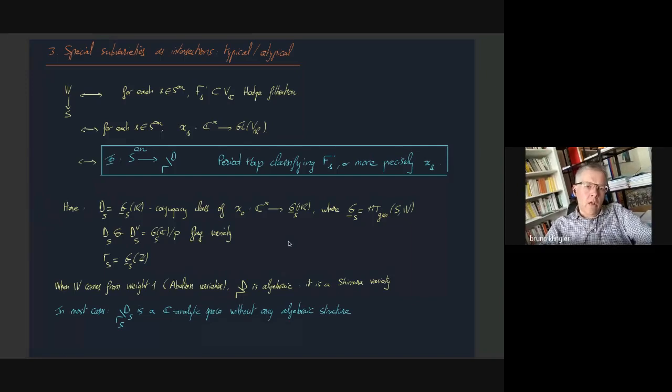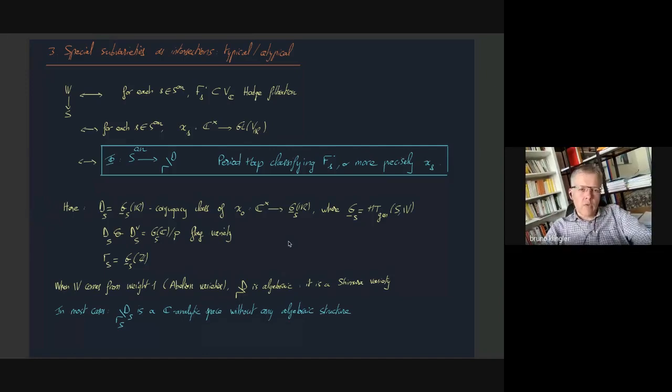And now it will not really take values globally in a flag variety because there is some monodromy when you come back to a point following a complicated loop. Then, of course, you have the monodromy of the local systems that plays a role. And the second remark is that it will not really take values in the full flag variety because there is a polarization. And this is where the polarization plays such a crucial role.